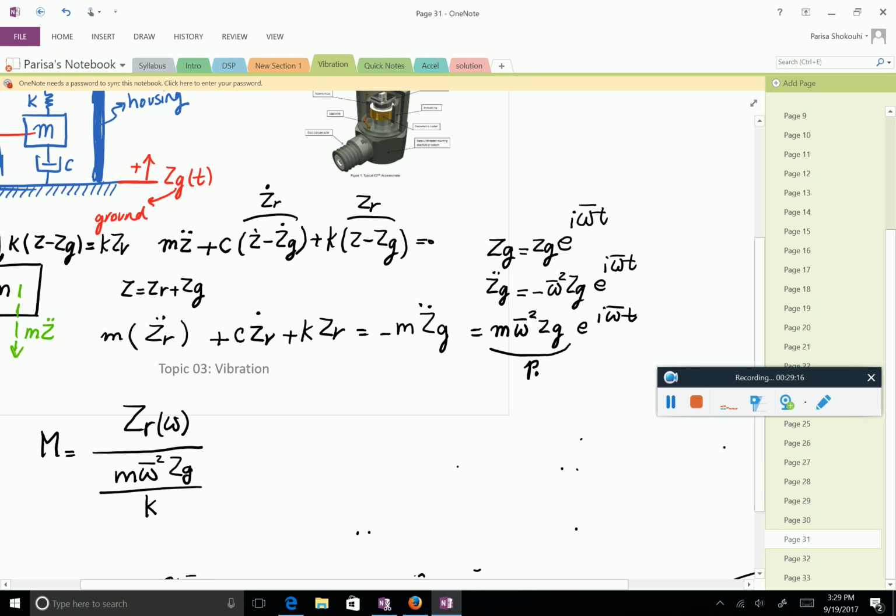Dynamic over static response. So here we can write this like that.